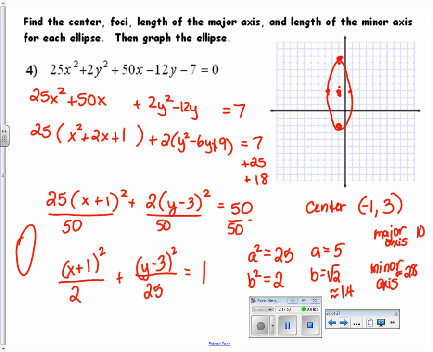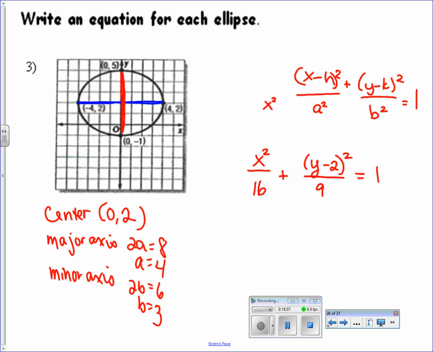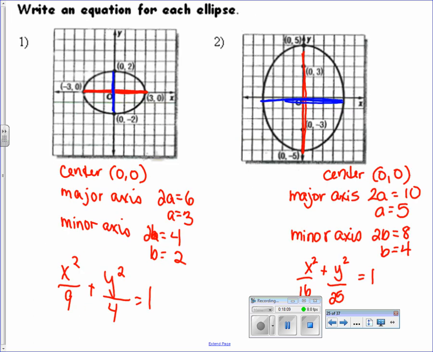If it is vertical like this one, your formula for finding foci is: both are going to have h, and then the other value is going to be k minus c and k plus c.